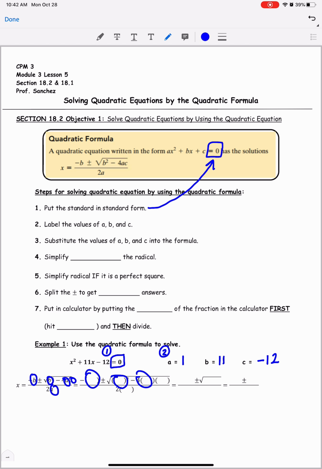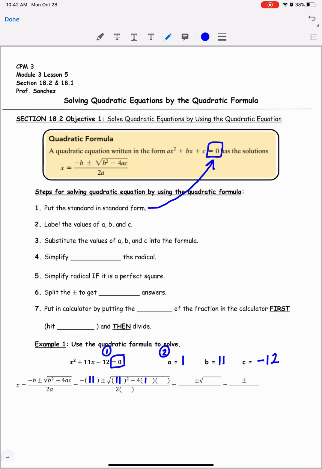So substitute what they equal where they are. So you got negative b. My b is 11. Plus or minus the square root of b. B is still 11. So 11 squared. Minus 4 times, what's my a? My a is 1.